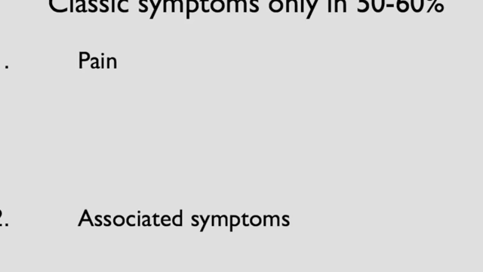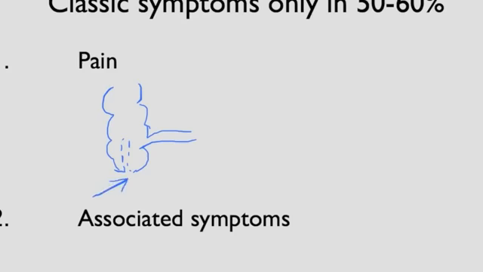Unfortunately, these classic symptoms only happen in about 50 to 60% of patients with appendicitis. Why is that? First, the pain may not be where we expect it to be because of changes in anatomy in patients. If the patient's appendix is behind the cecum or retrocecal, like here, then the appendicitis will give pain not in the right lower quadrant.